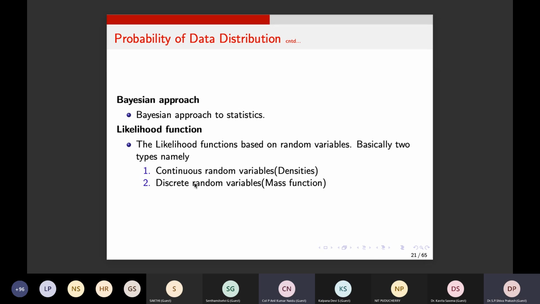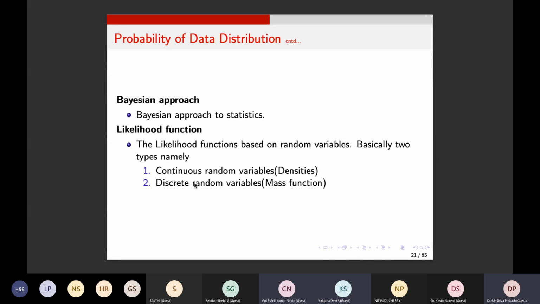And the probability mass function is the probability distribution of a discrete random variable, basically, and it provides the possible values and their associated probabilities, right?